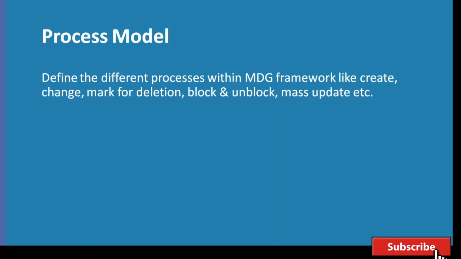So create, it can be create material master, it can be create customer master, it can be create supplier master, or it can be create custom master data. Similarly, for change or update or extension, whatever name you say, basically you have some data already in the process, so you are trying to update them, and then mark for deletion. And mark for deletion does not mean that you are completely deleting the data from the system.